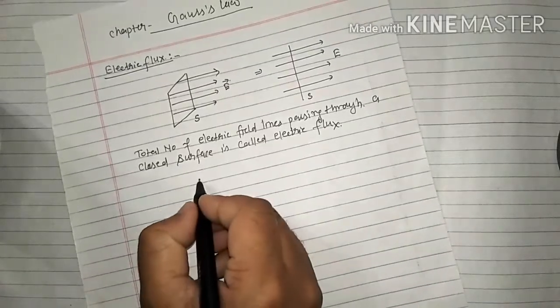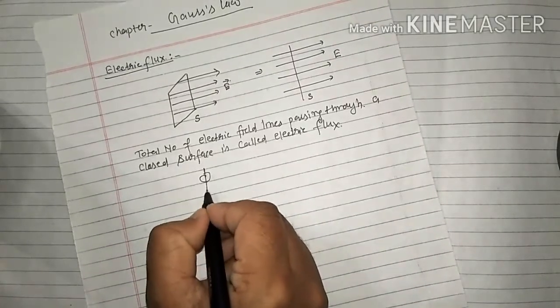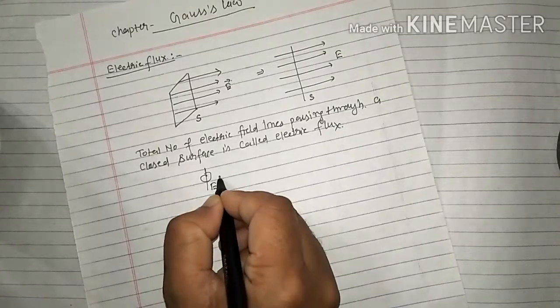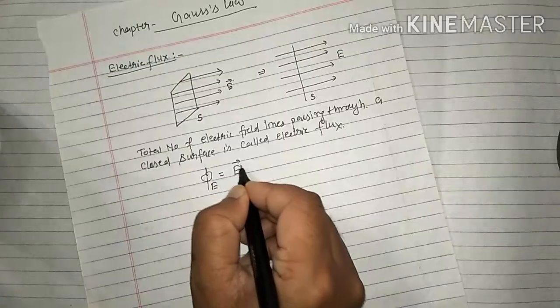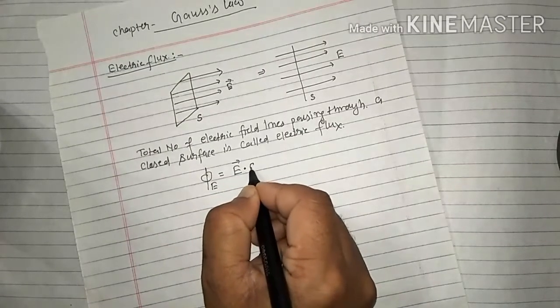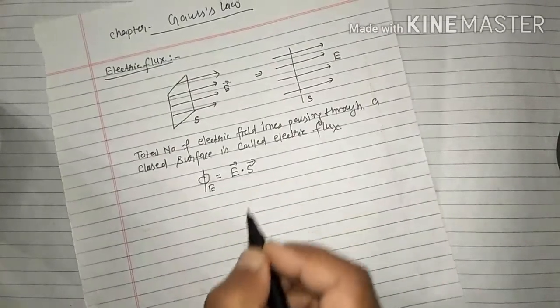Mathematically, it is given by electric flux phi is equal to the dot product of electric field and area vector, E dot dS.